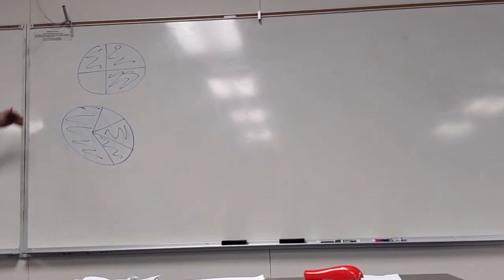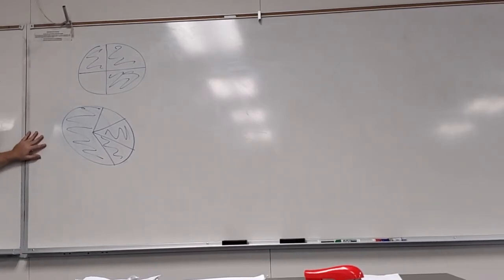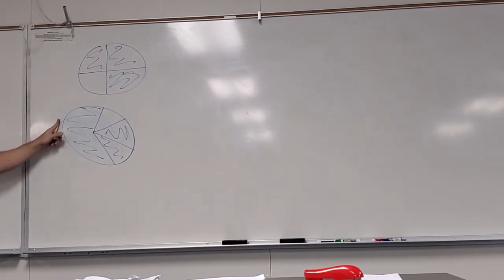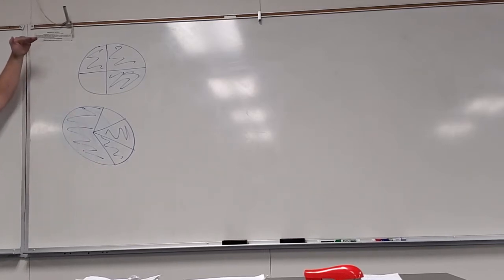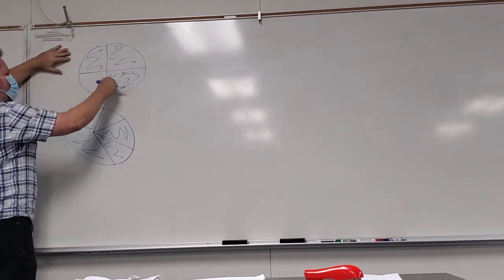So let me ask you this. What's the difference between these two? Someone doesn't know how to slice it. Yeah, somebody's like, I can only have 1 piece. So these, obviously, every piece here is what?